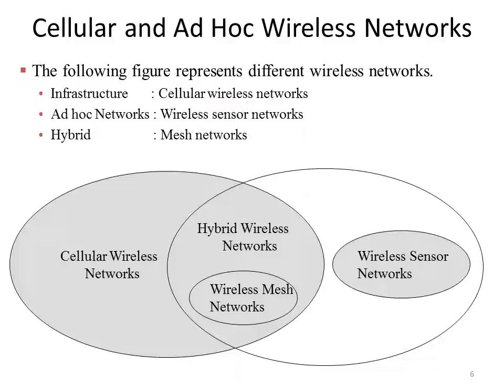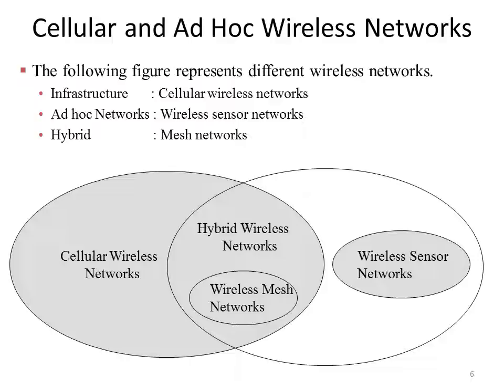In cellular wireless networks, data is transferred from one mobile to another mobile through wireless media, which we call radios. In wireless sensor networks, data is transferred from source to destination where the network is infrastructure-less.